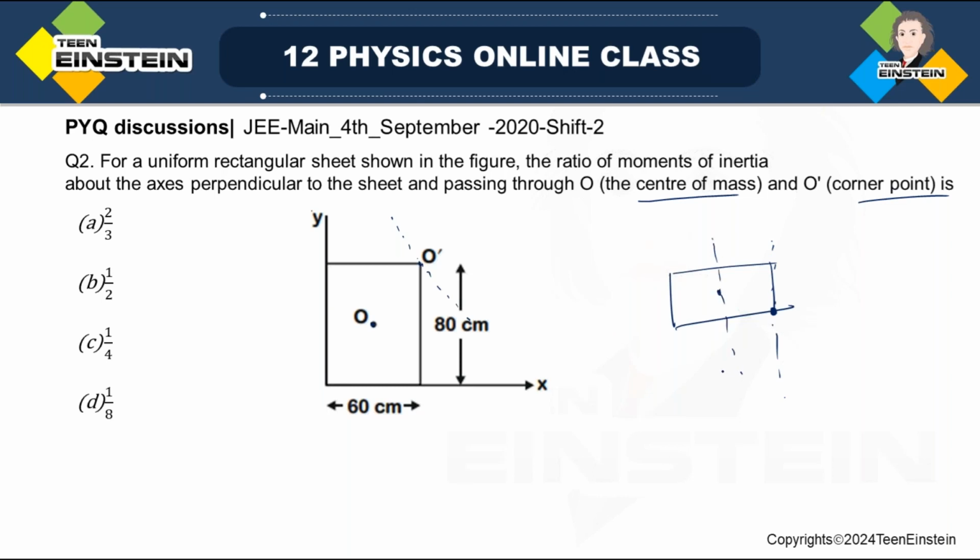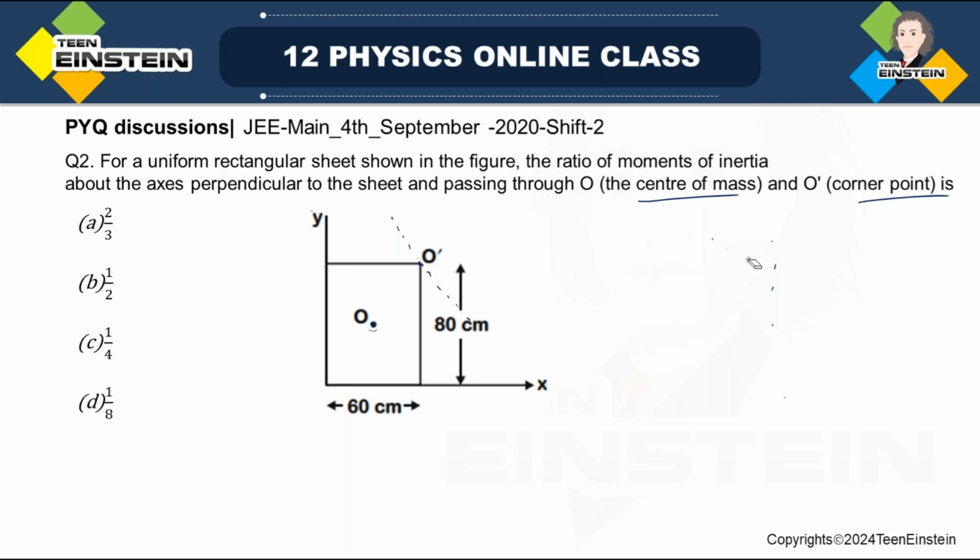Both are parallel axes. So I have to get the ratio of the moment of inertia about the axis passing through the center of mass and perpendicular to the plane of this rectangle, and about this axis which is passing through the corner.